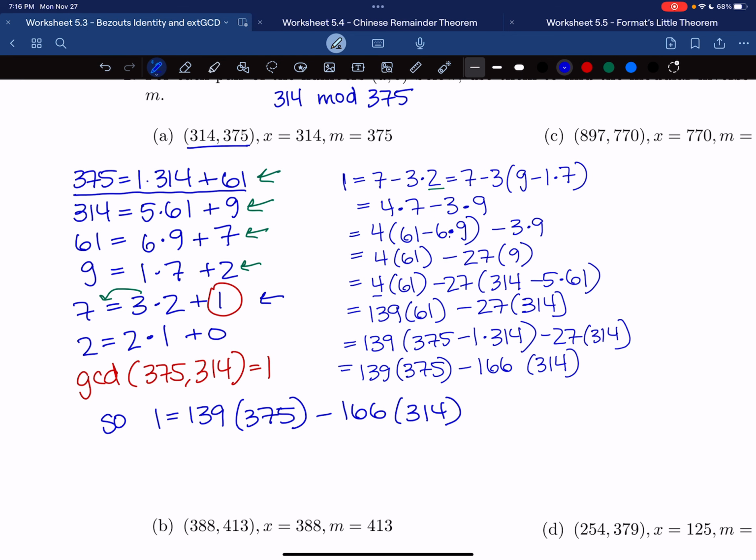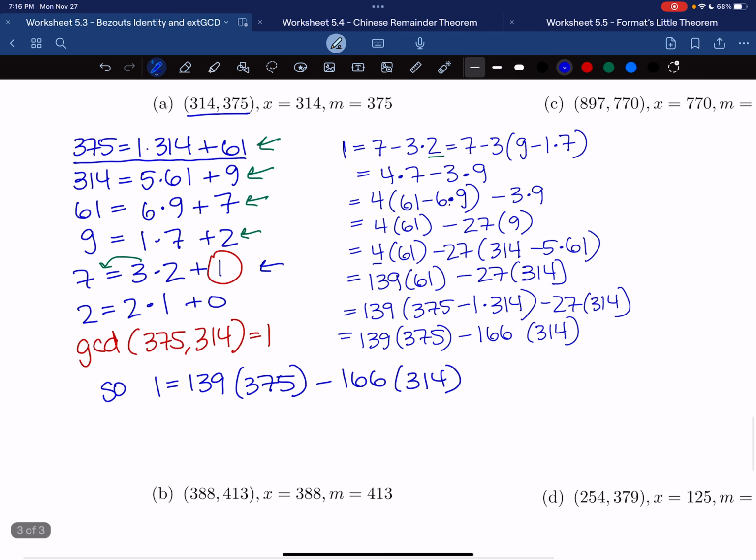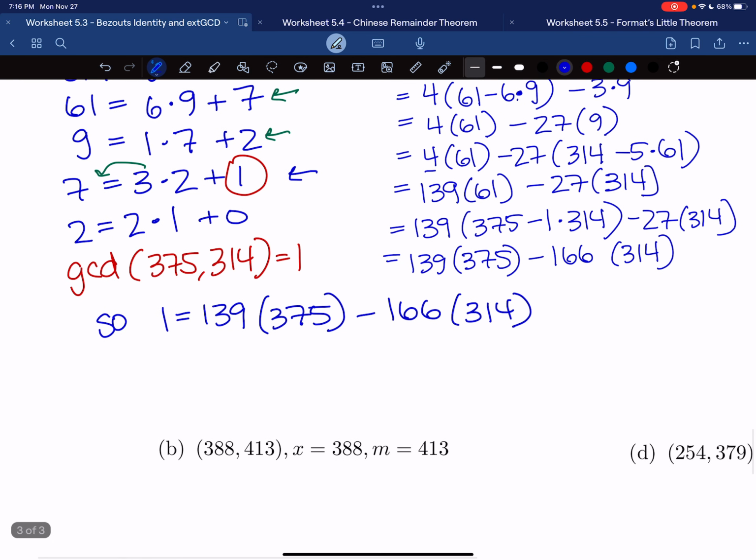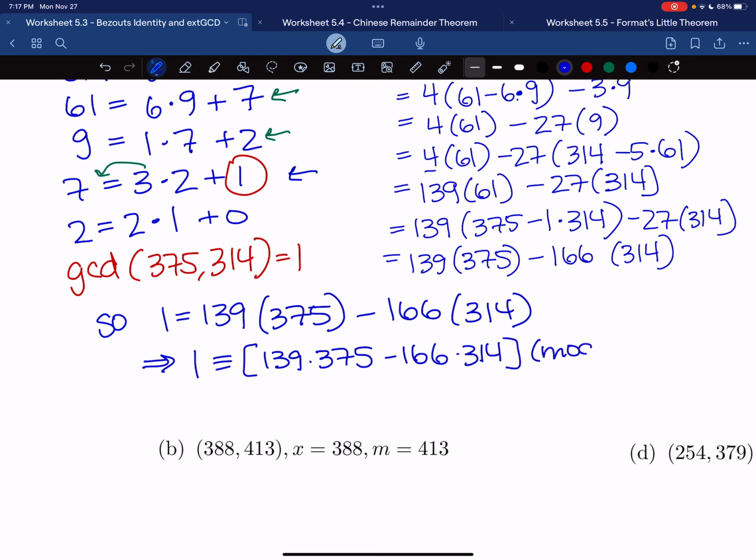But if I look at this value, I can take both sides of this equation and I can say, well, actually 1 on the left-hand side is equivalent to this whole thing mod 375, right? So 139 times 375 minus 166 times 314, all of this mod 375, right?